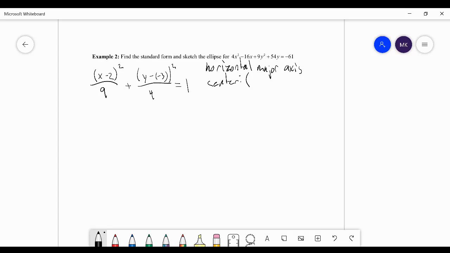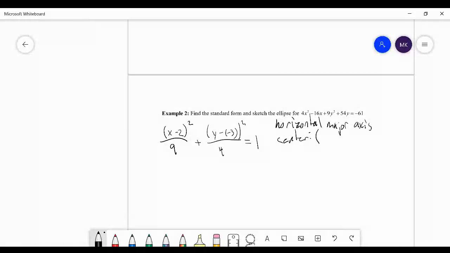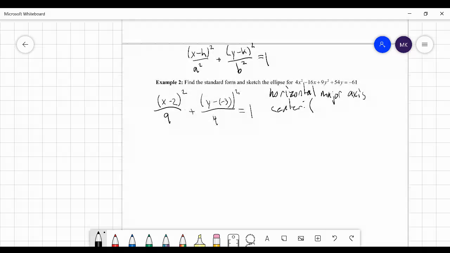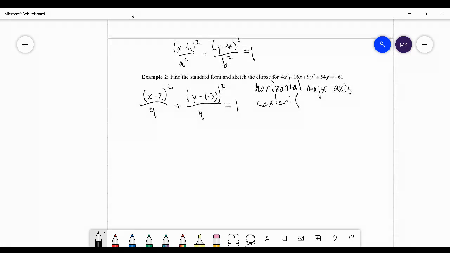Remember the formula, let's just jot that down to refresh ourselves, is x minus h squared over a squared, since we're dealing with a horizontal major axis, and then y minus k squared over b squared equals 1. So our center here, since it's x minus 2, is at 2, comma, and then y minus negative 3, so it's 2, negative 3.